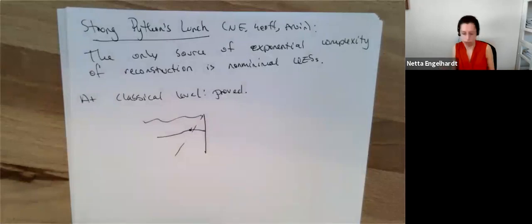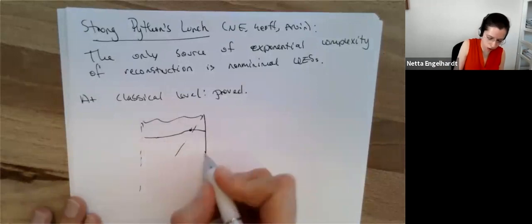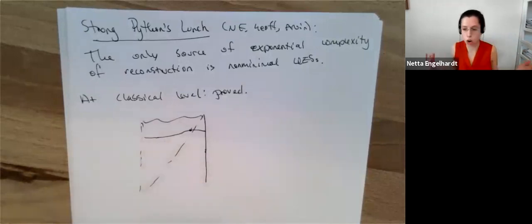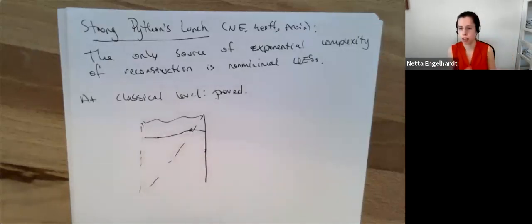I know its microstate. This is a very small code subspace, and there's no non-trivial quantum extremal surface in this spacetime. So that means that it must be simple to reconstruct these operators.